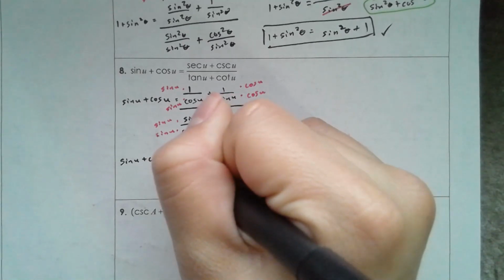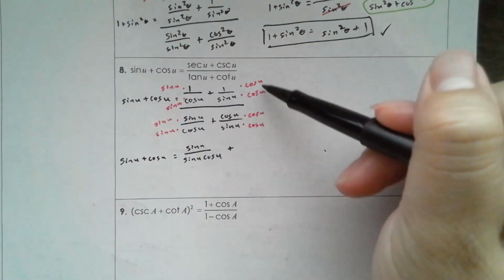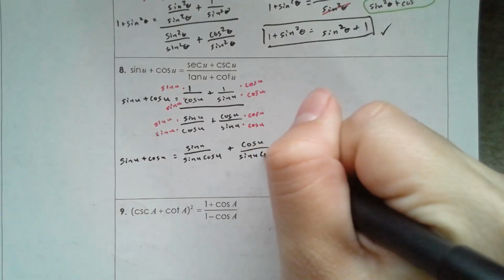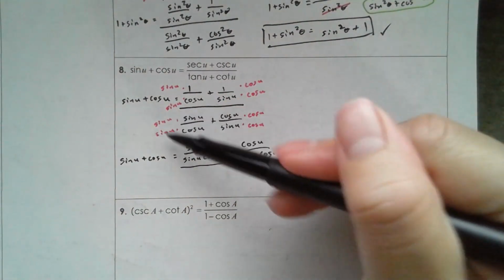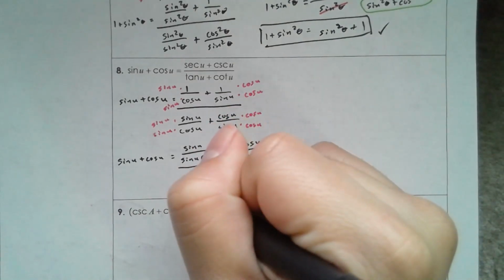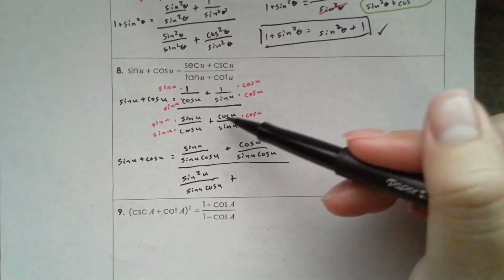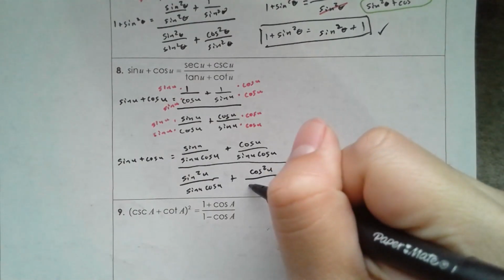So this guy right here plus this guy right here will become cosine u over sine u cosine u all over this guy now will become sine squared u over sine u cosine u, plus this guy here will become cosine squared u over sine u cosine u. Okay.